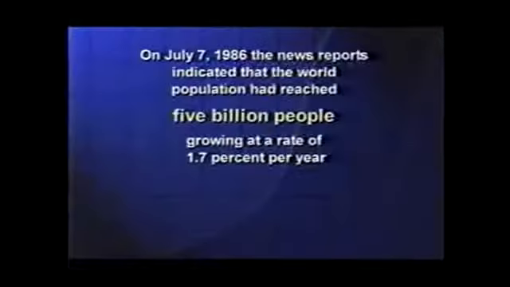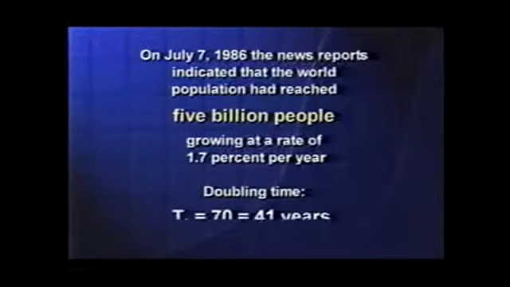Let's take another. In the summer of 1986, the news reports indicated that the world population had reached the number 5 billion people, growing at the rate of 1.7% per year. Well, your reaction to 1.7 might be to say, that's so small. Nothing bad could ever happen at 1.7% per year. So you calculate the doubling time, you find it's only 41 years.